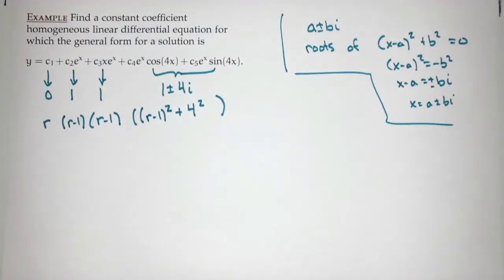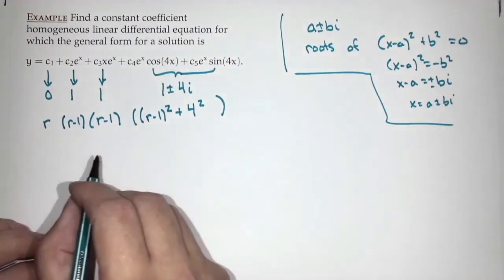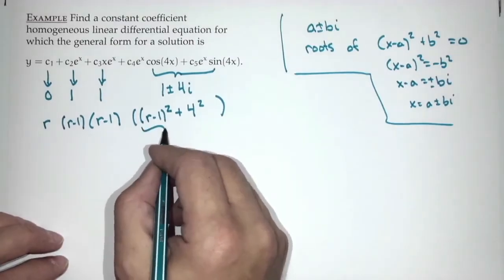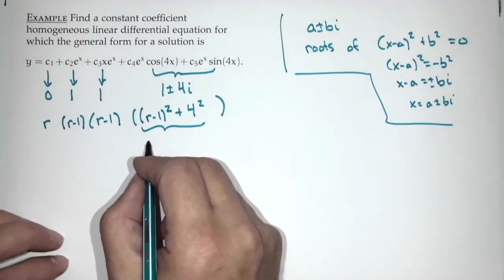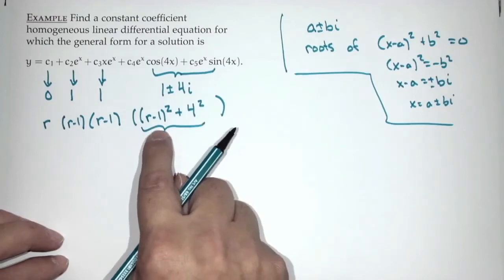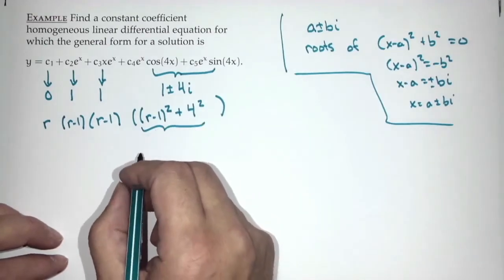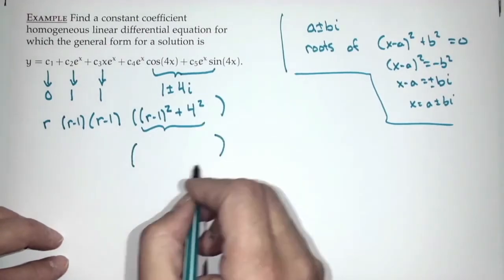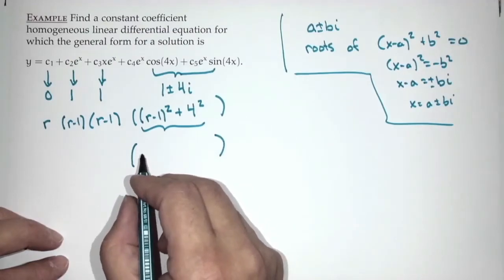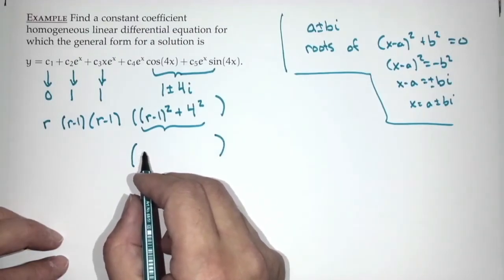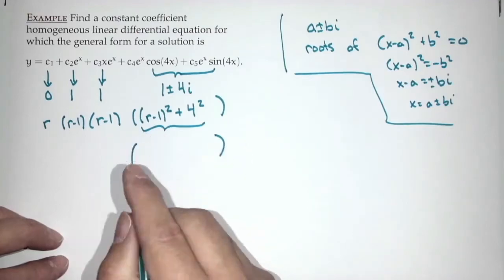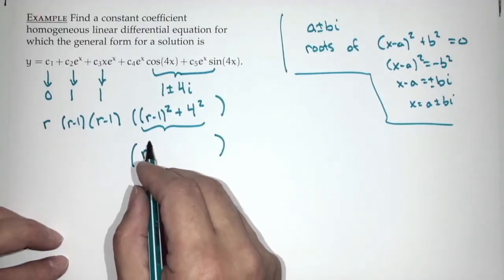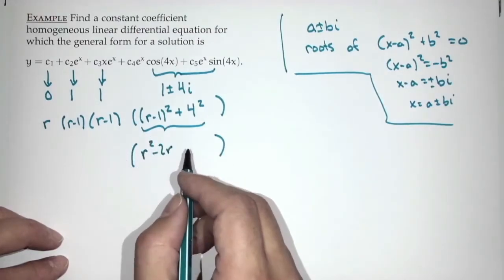All right, so let's go through here. If you square out (r minus 1) squared plus 4 squared, can you do that? So r squared minus 2r, that's not too bad.